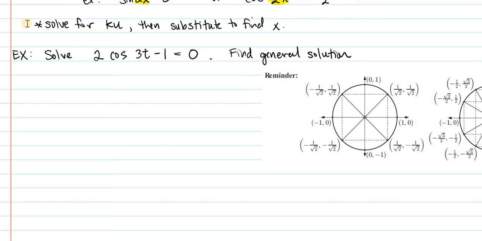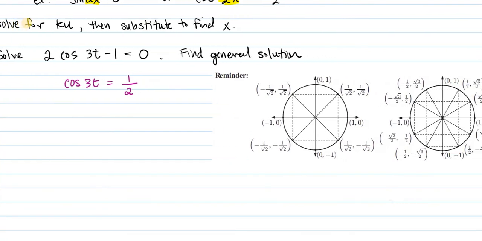Okay, so I'm going to dive right in. I'm going to start by adding 1 to both sides and then dividing by 2 so that I get cosine 3t equals 1 divided by 2. Now I'm going to think to myself, if I use inverse functions, I want to know what angle, when I take the cosine of it, equals positive 1/2.